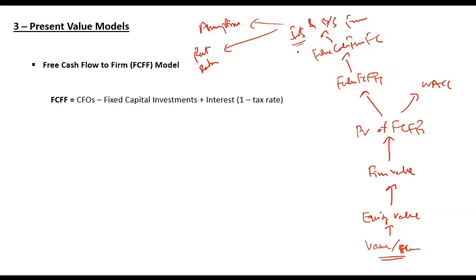Based on that you forecast the income statement, then the balance sheet, then based on these two you forecast the cash flow statement. Based on the cash flow statement forecast you forecast FCFF. Based on the FCFF forecast you separately calculate WACC. Based on that you calculate the present value of FCFF, then firm value, then equity value, and then value per share. This is how the model will work and be structured.